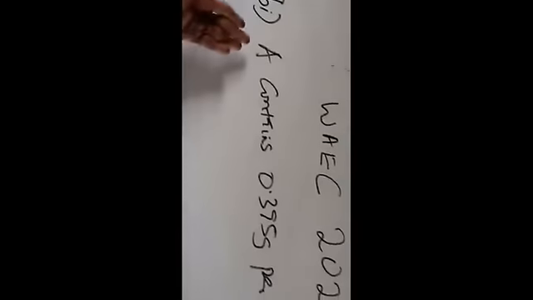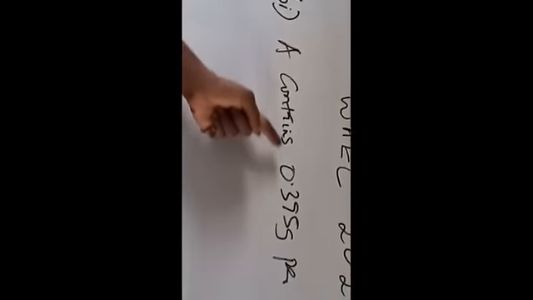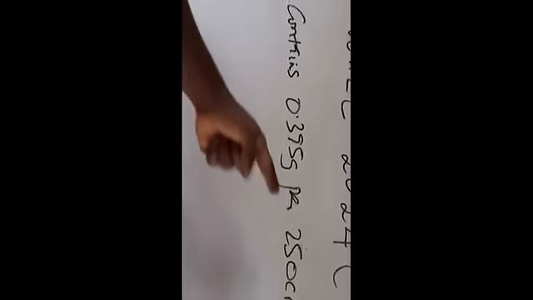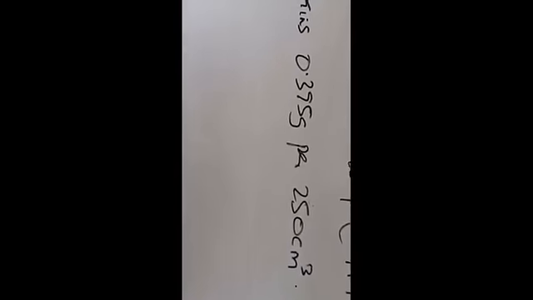So from the question, we have this information that A contains 0.395 gram per 250 cm cube. So all we have to do is to find the mass of A in 1 dm cube, which is called the mass concentration.